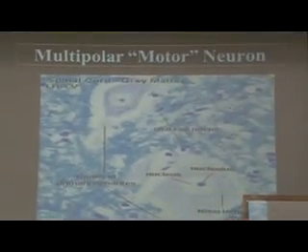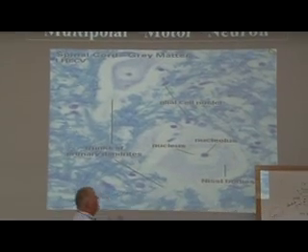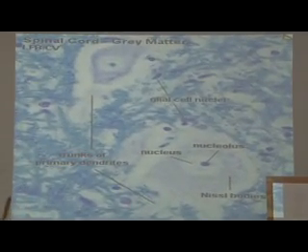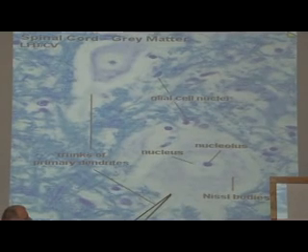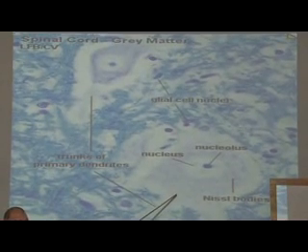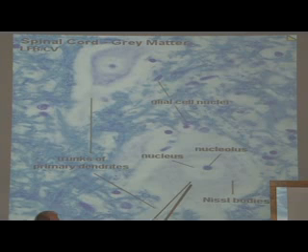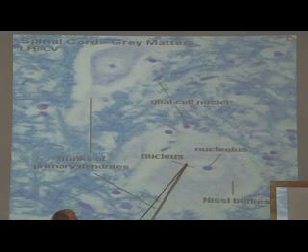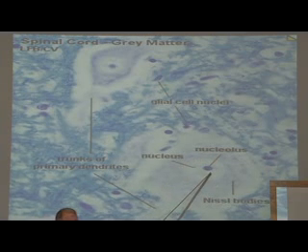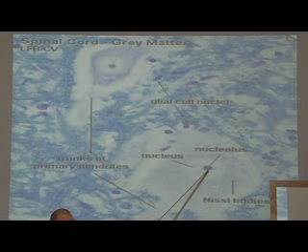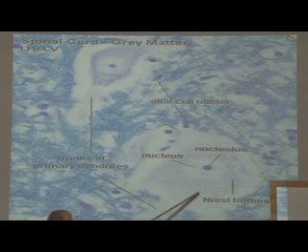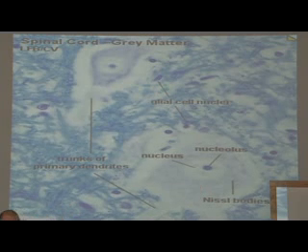So on Monday in lab, what we're going to do is look at slides of the nervous tissue. And so one of the things we'll see in it are things like this. So this is a cell body. This is the nucleus. And the really dark thing we're seeing is actually the nucleolus. And in this grainy pattern, the cell bodies are cell bodies.